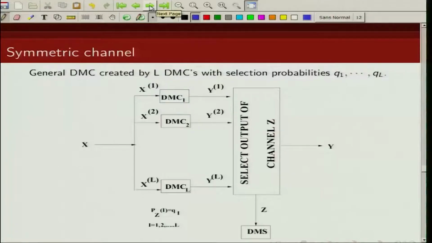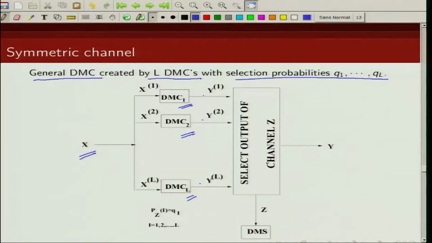So this is a block diagram of how things will look. You can think of a general discrete memoryless channel created by L discrete memoryless channels with selection probabilities Q1, Q2, Q3. I have my input X, and you can think of L such discrete memoryless channels. I am choosing each of these channels with probability Q1, Q2, Q3, ..., QL.